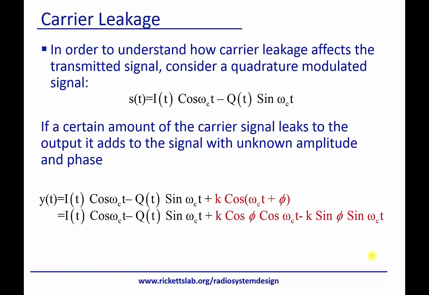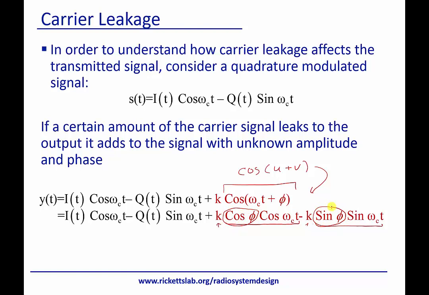And so now I'm just going to break this out using an identity for cosine of U plus V. If you look at that identity, you'll find it'll give you a product of two cosines and a product of two sines. And so K goes out in front of both. And what you notice is that cosine of phi term here and the sine of phi term here.